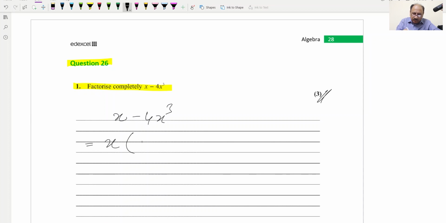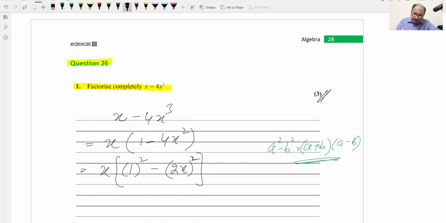So it will be 1 minus 4x squared, and we can apply the formula, and the formula is a square minus b square is equal to a plus b into a minus b, and this will be applied on which portion, I'll just let you know. First I'll reshape this, so I can write 1 square minus 2x squared.